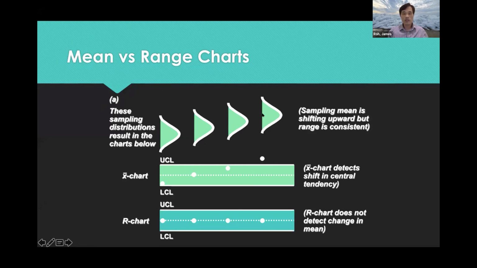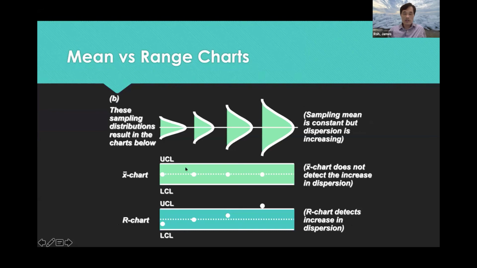However, the mean is changing. The mean is going upward, right? If you visualize that on your statistical process control chart, it goes upward, and this one is out of the control limits. Similarly, the R chart, the range chart, is going to stay the same because the range from top to bottom is constant.